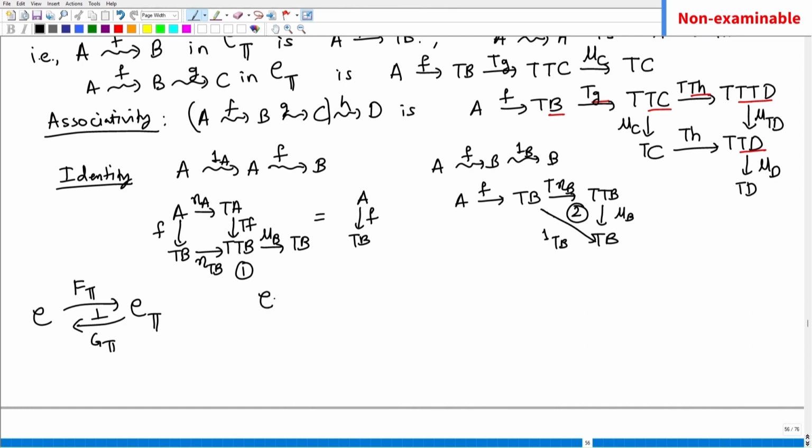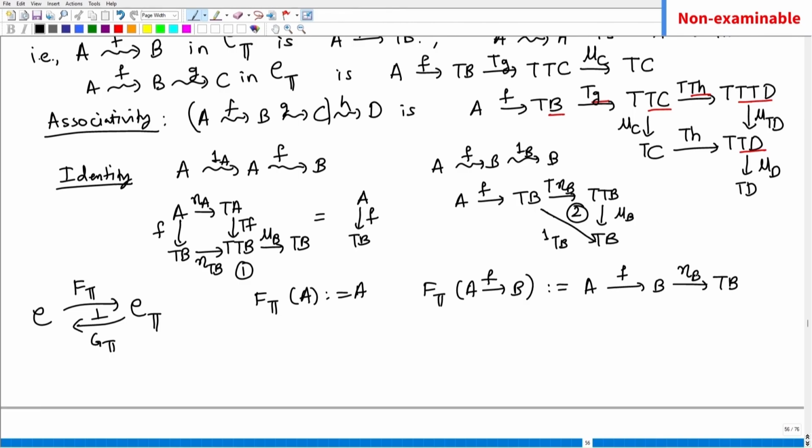So FT of A is just A, and FT of an ordinary morphism F from A to B, what will you map it to? It should go from A to TB. Then only we can say it's a morphism in CT. As is everything in category theory, if it exists, then it is obvious. So eta B composed with F. This is our FT.